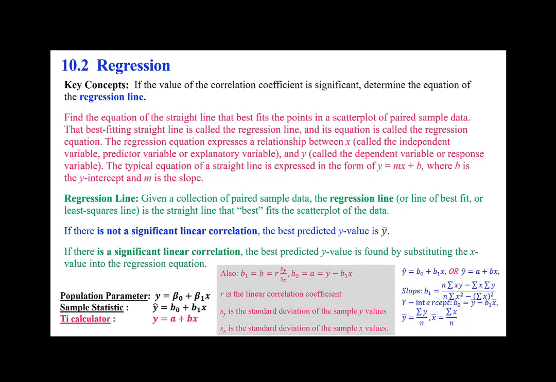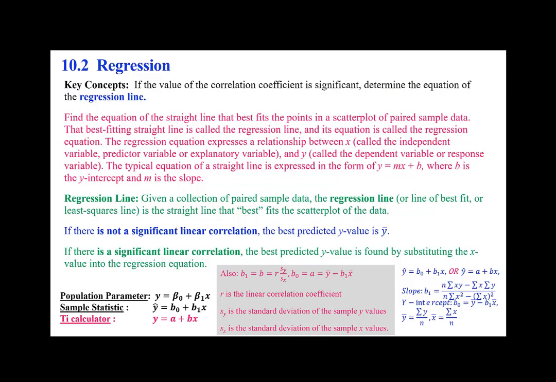First, for the population parameter, we use y equals beta 0 plus beta 1 x. For a sample, we use y hat equals b sub 0 plus b sub 1 x. In some texts, and in the case of technologies such as the TI, you see a and b, because it is used as y equals a plus bx.